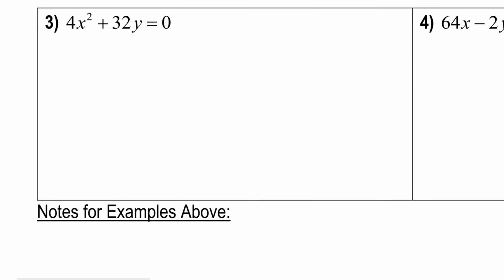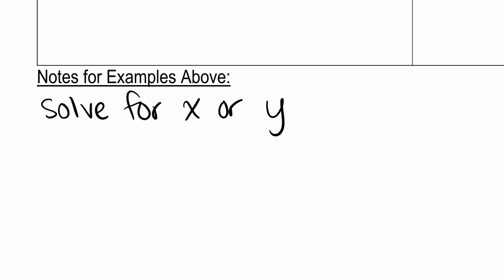So if we're doing steps or notes down here, first thing I would do is solve for x or y, whichever one you have in your equation. You should only have one.